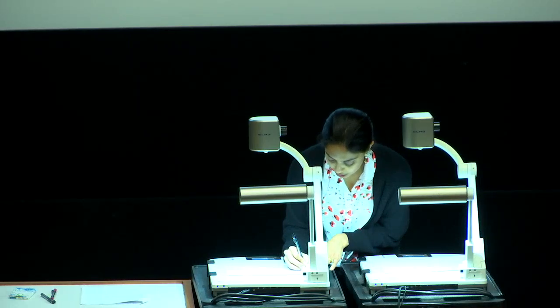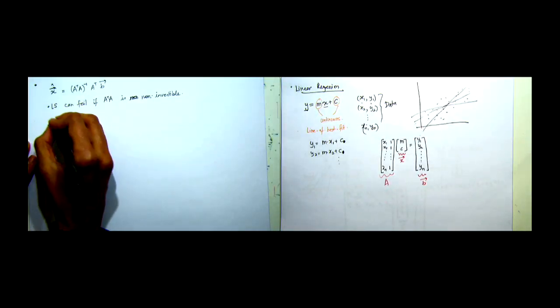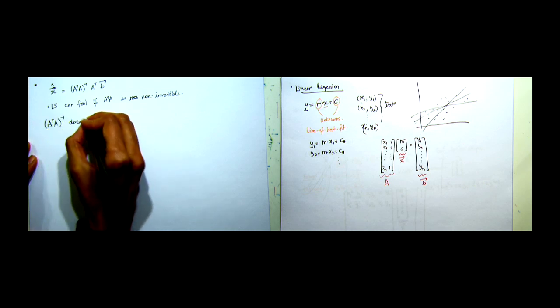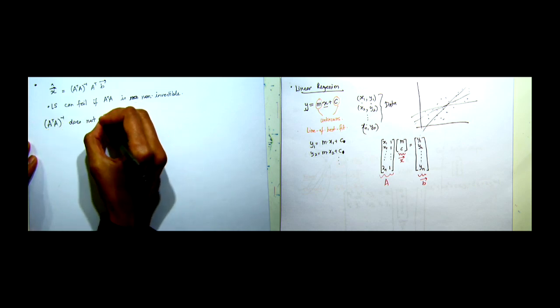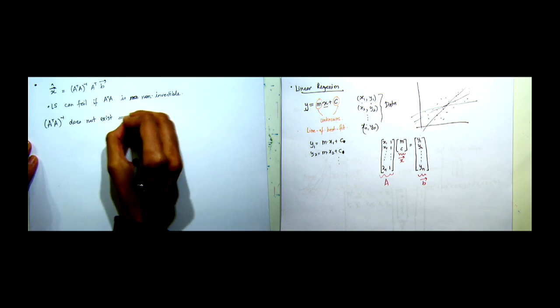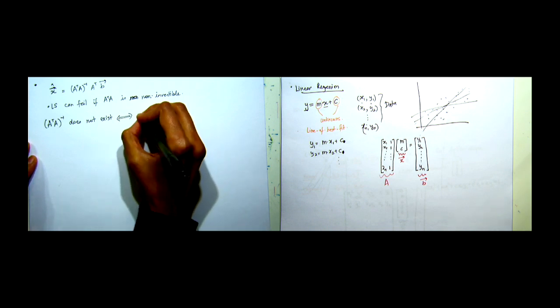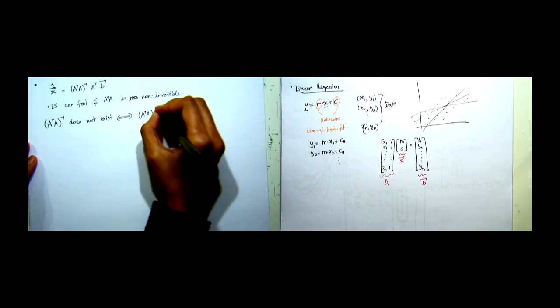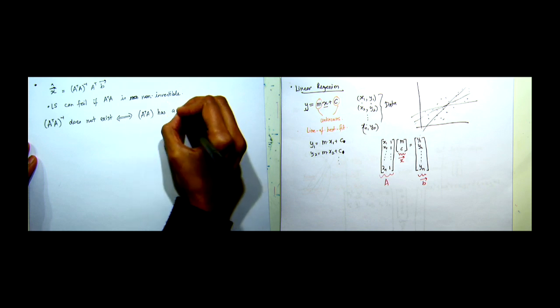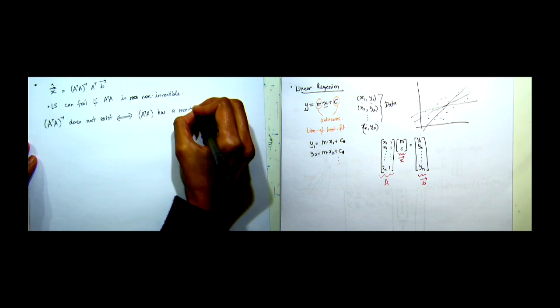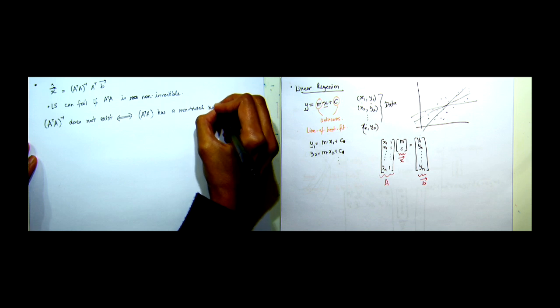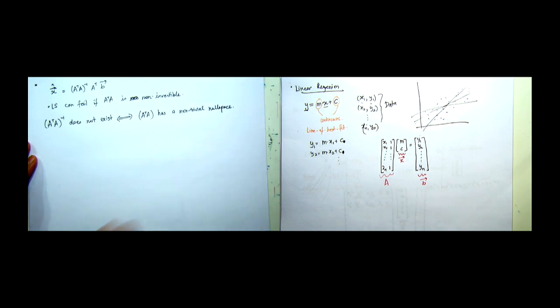So if a square matrix does not have an inverse, if (A transpose A) inverse does not exist, this we know is the same as saying that A transpose A has a non-trivial null space.